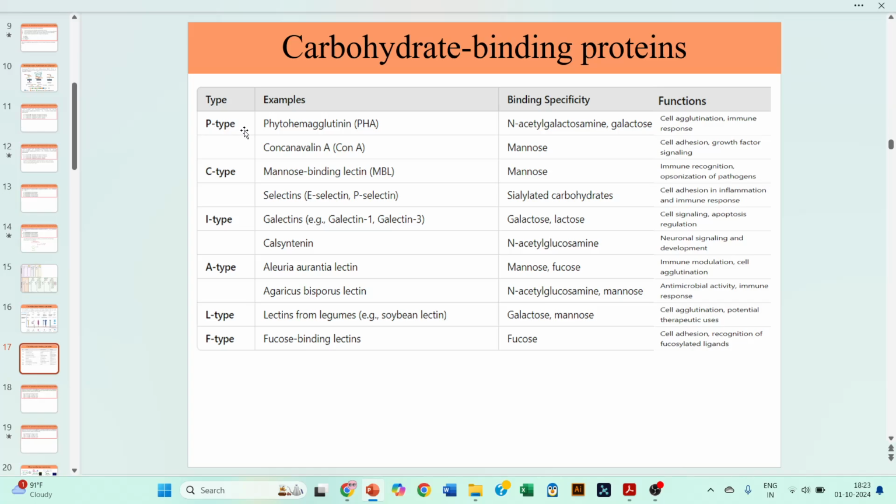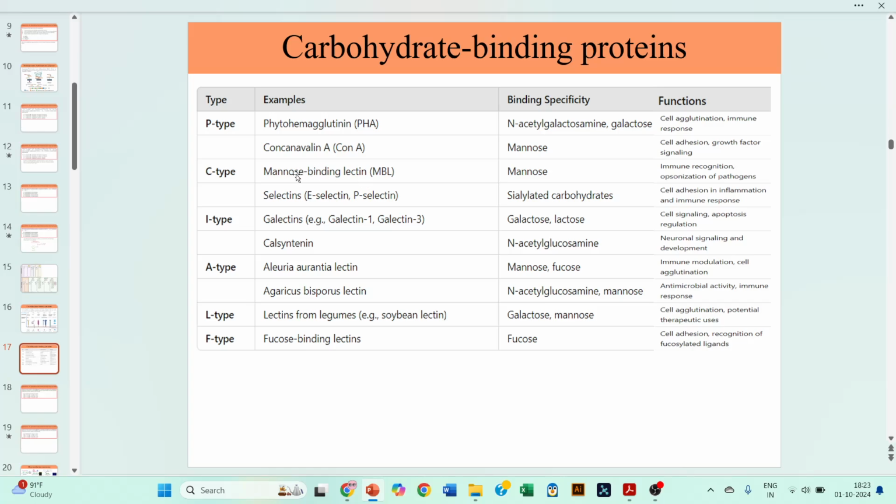Okay. So coming to P type. Under P type comes concanavalin A, and the P-type lectins have binding specificity towards N-acetylgalactosamine, galactose, and mannose. They are mainly involved in cell agglutination, immune response, cell adhesion, and growth factor signaling. C-type, under C-type come the selectins and mannose binding lectin.